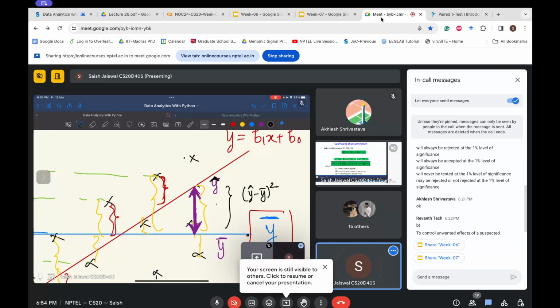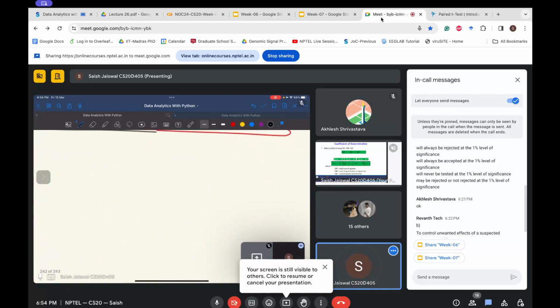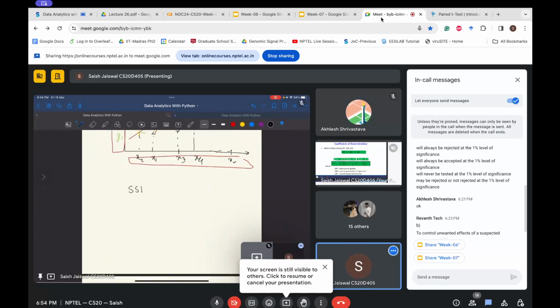This is the total error that you have, and this is the residual, as we saw, y minus y hat square, and the total error is y minus y bar square. So this total error is equal to the sum of squares due to regression plus the sum of squares due to the residuals.